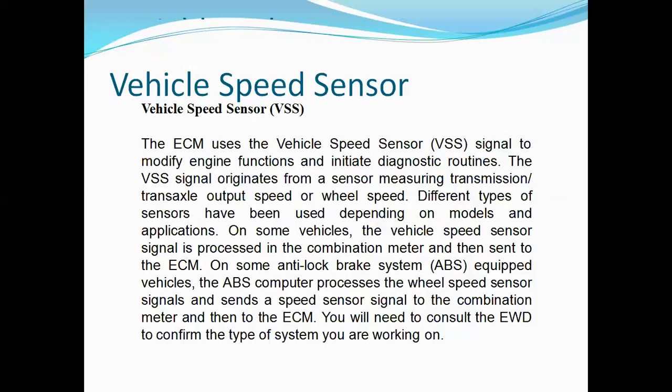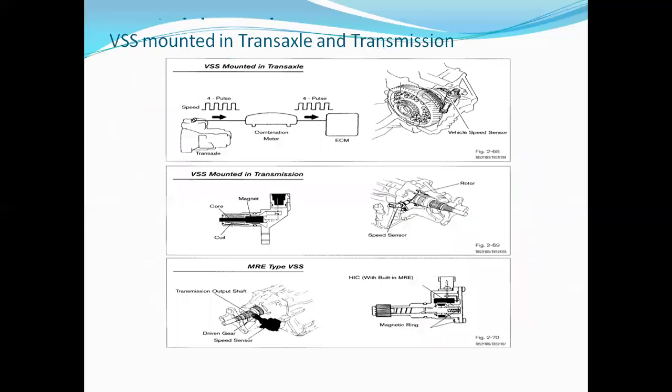have incorporated these particular systems in the ECMs, such as the ABS system, the anti-lock braking system, and it consults towards the EWD. And advanced features are being developed in this anti-lock braking system. So these are the mounting factors that have been taken for the transaxle and transmission.